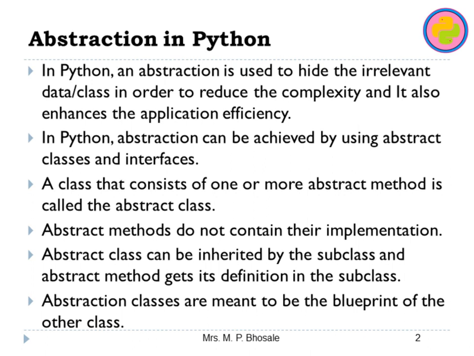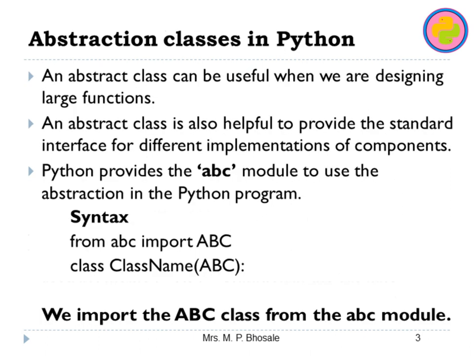An abstract class can be inherited by the subclass, and the abstract method gets its definition in the subclass. So in short, abstract classes are meant to be the blueprint of other classes. They are useful when we are designing large functions, and they are helpful to provide a standard interface for different implementations of components. So in Python there is the ABC module.